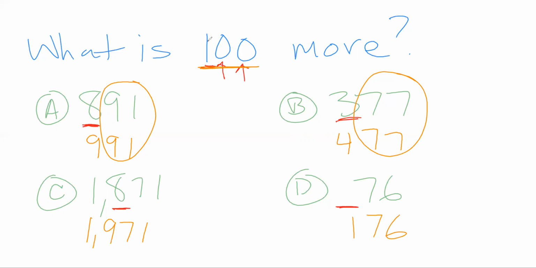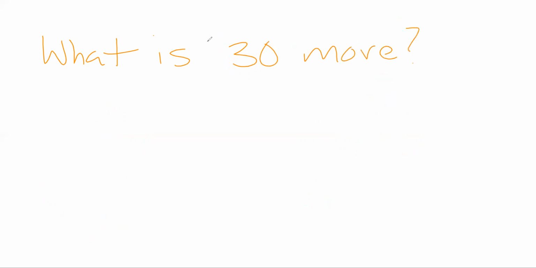And why this is so valuable, why this really helps us, is that we could actually even do more than 10 or hundreds, right? We could just use the same philosophy, the same thinking. And someone might say, oh, well, what is 30 more? Okay, well, again, we're focusing on the tens place. Again, the ones place won't change, or any other place value.